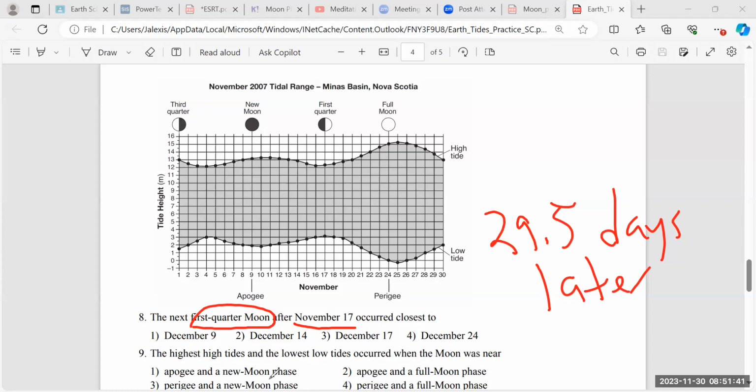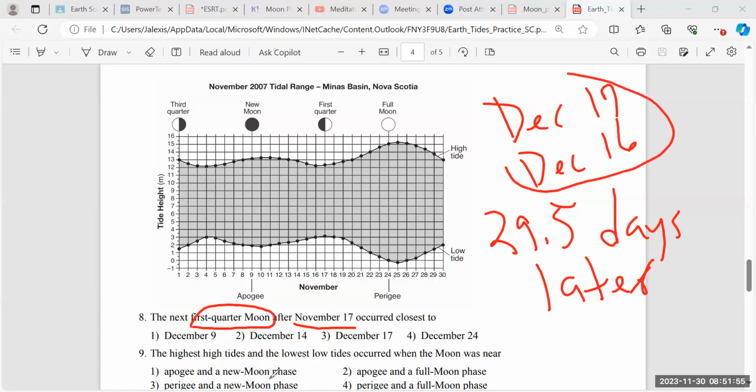So 29.5 days later will end up giving you either December 17th or December 16th, one of the two.